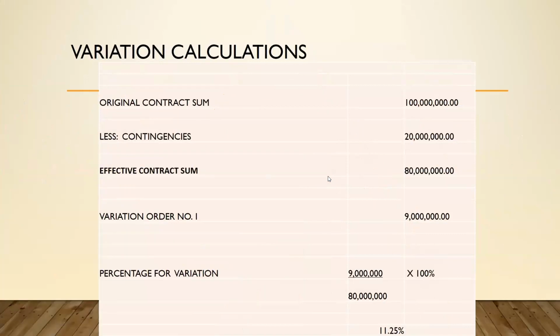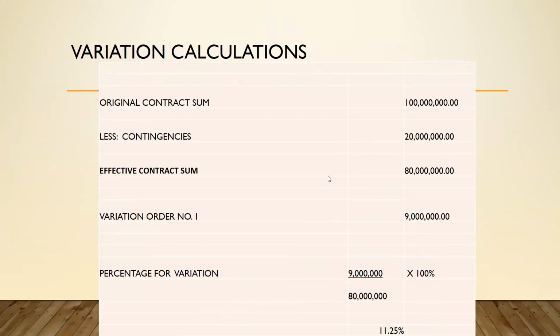So by way of calculation, we have the original contract sum, which is the 100 million. You less the contingency provision that we have in the contract to arrive at the effective contract sum, which is 80 million.